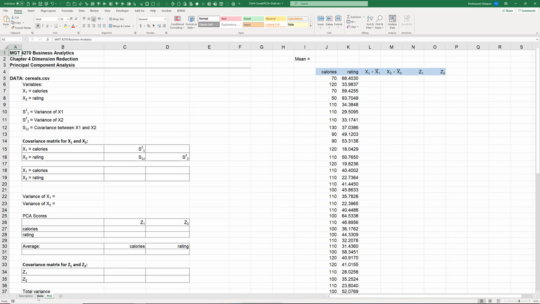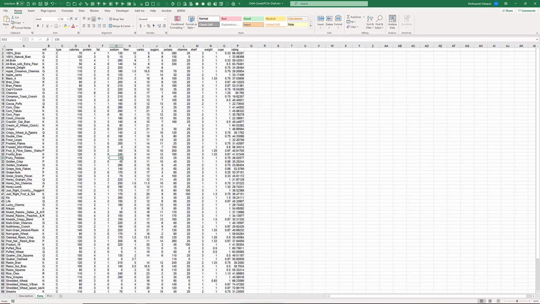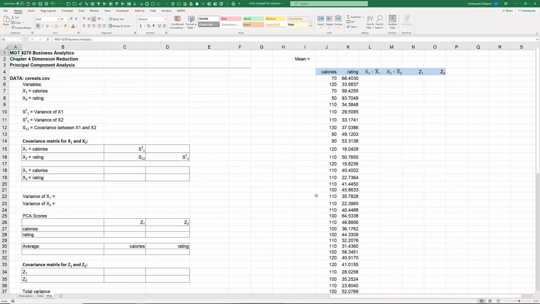So here is the original data, and here are the two variables that we have selected: calories and rating. Then we have the variance of x sub 1 and the variance of x sub 2. So this is x sub 1, this is x sub 2.